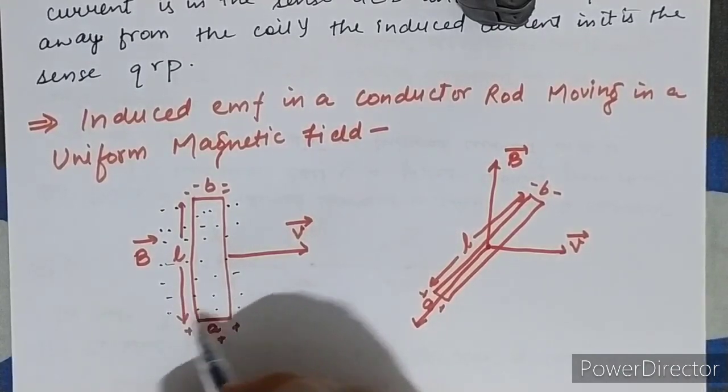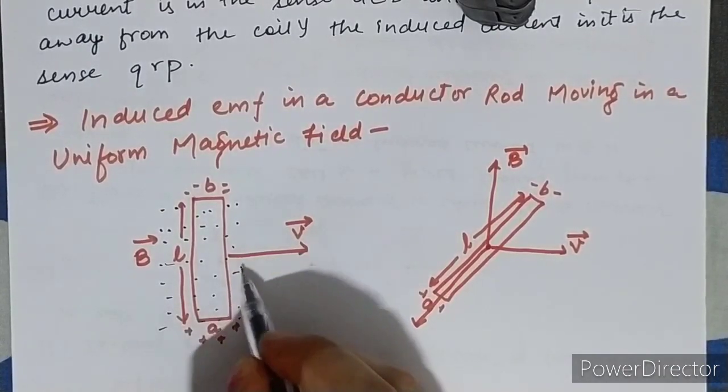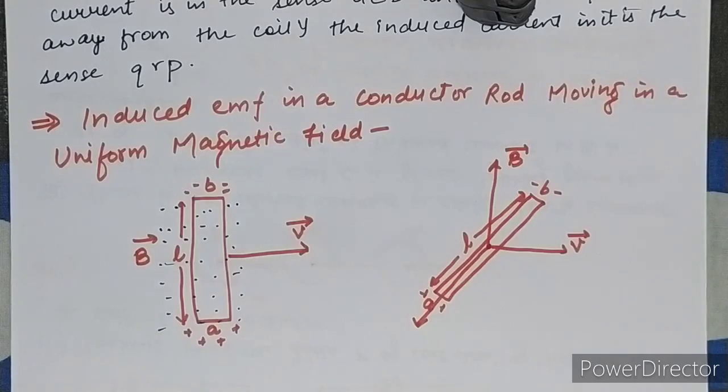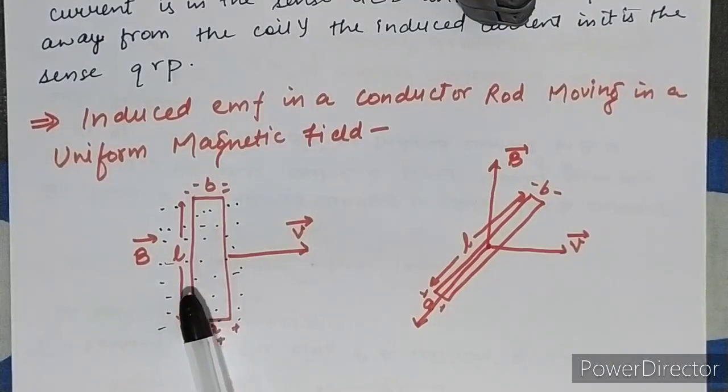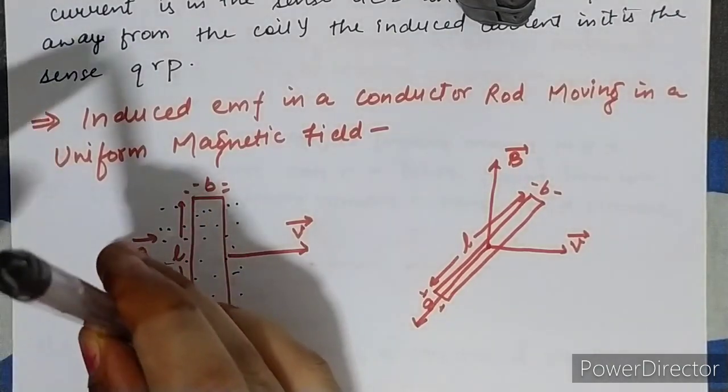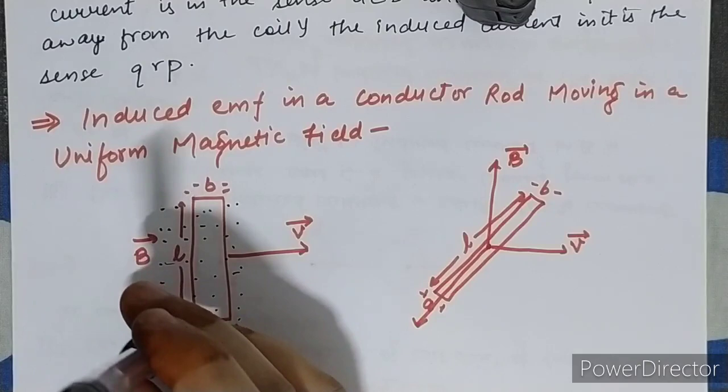Okay, in dot form, you know it very well. Now its direction is normal to the plane of the paper, and it is outward. That's why the dot has been shown to you.